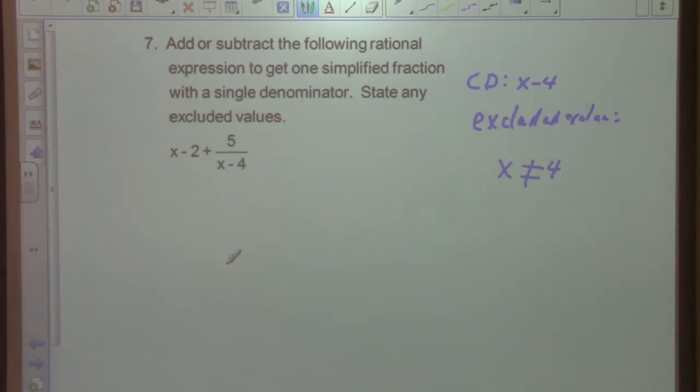Okay? And now to write this as one simplified fraction, what would you do? Multiply by the common denominator.